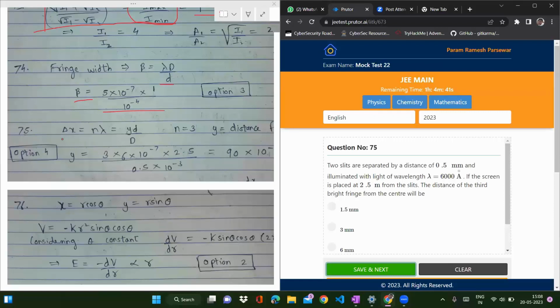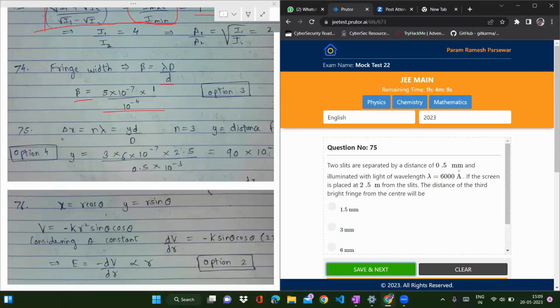We need the change in distance to be equal to n lambda, where lambda is the wavelength and n is a natural number, and it is equal to yd by D, where y is the distance from the center of the screen, where the central bright fringe is, to the position where the bright fringe will form due to that delta x.